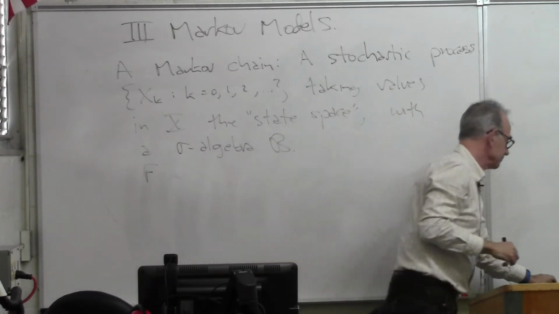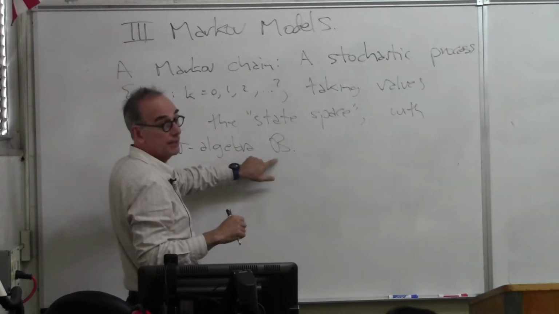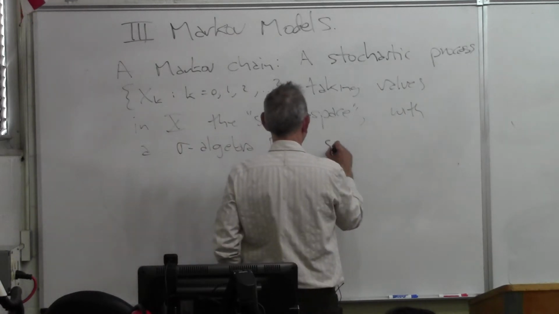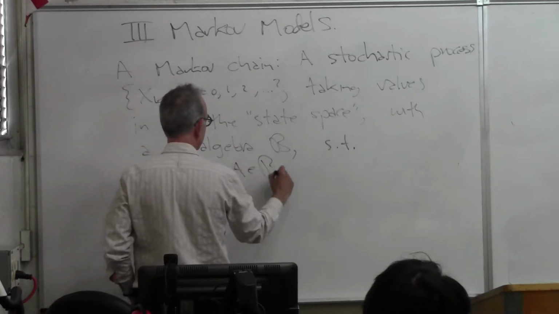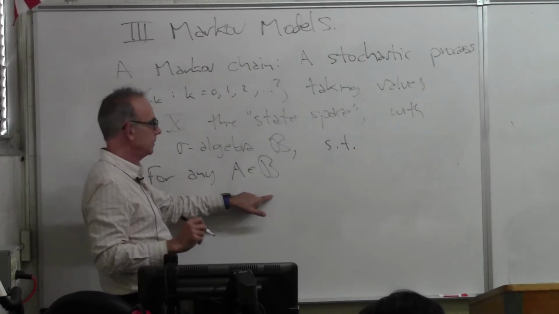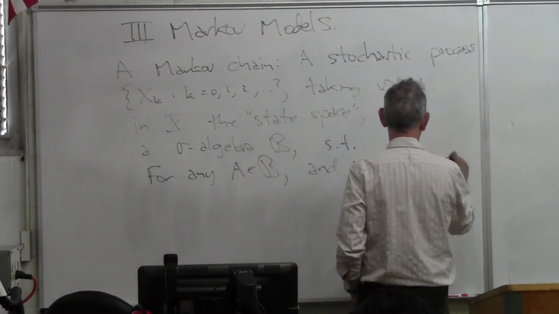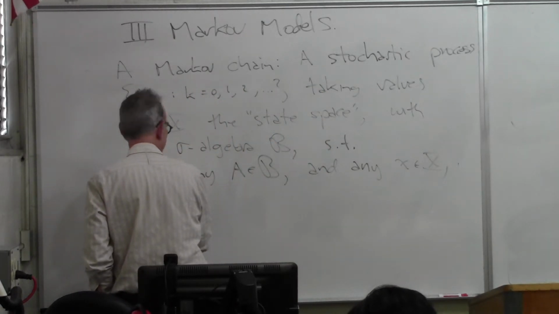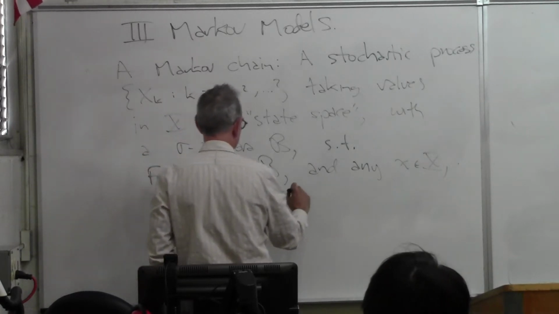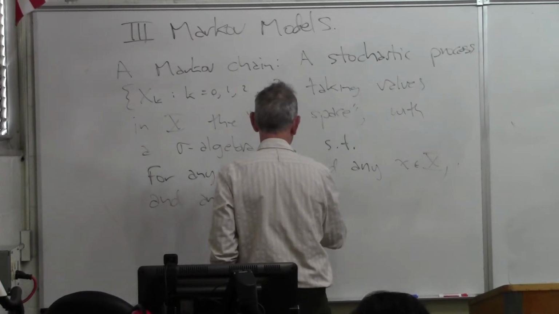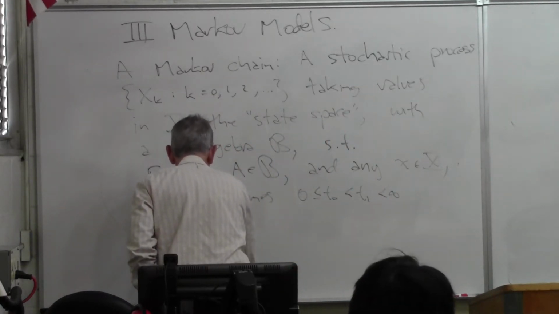So here's a defining property. It's a stochastic process taking values in state space X, which has an associated sigma algebra B, such that for any A in this sigma algebra, and any initial state, and any pair of times, I have this very convenient property.